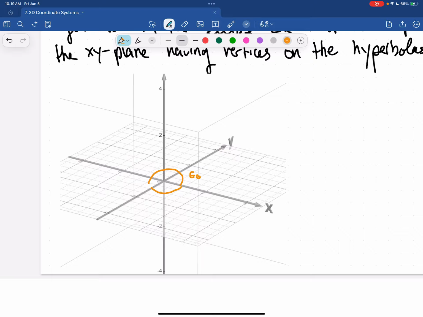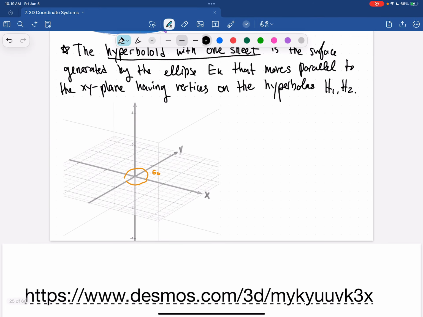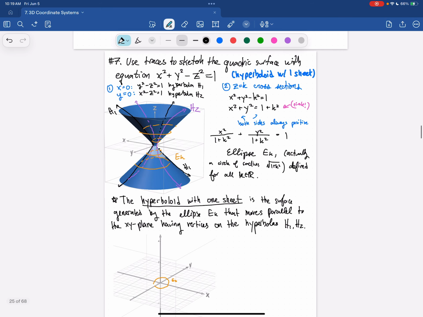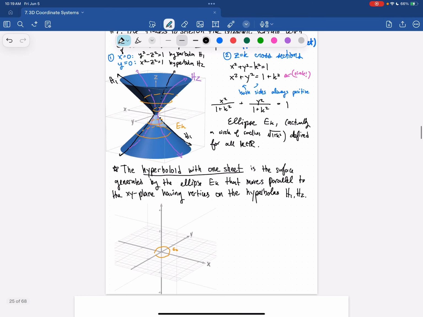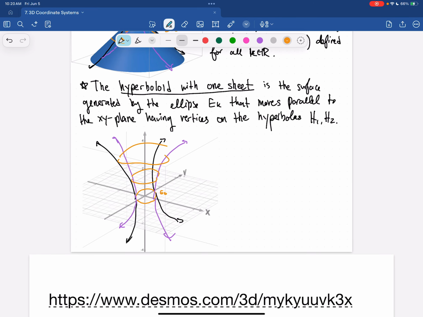And then let's get our two hyperbolas. We had h1 is the one on the YZ plane. And then h2. And then basically we're just going to see the shape grow bigger as we move up and down.